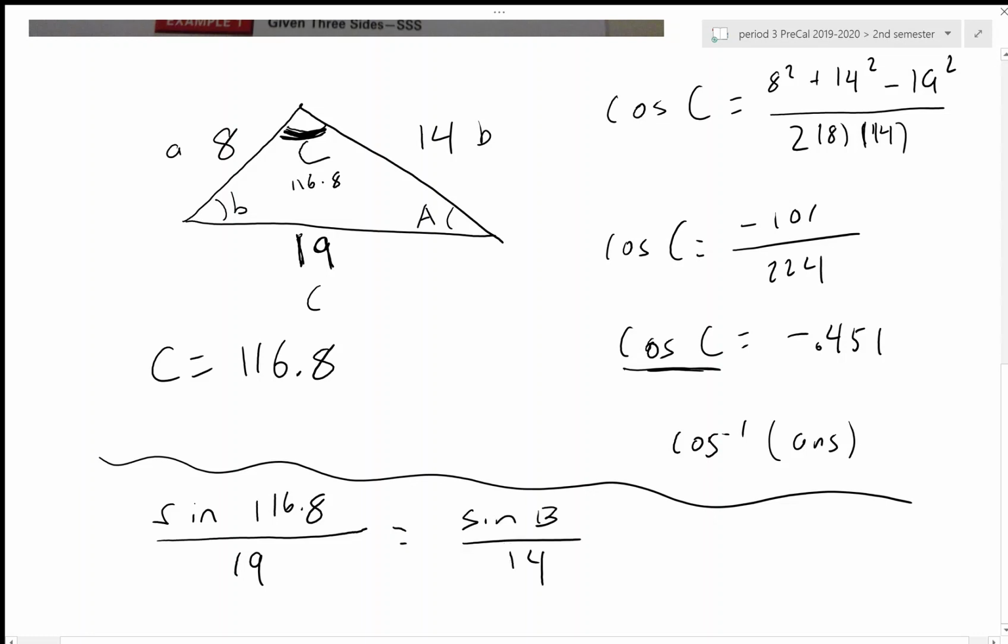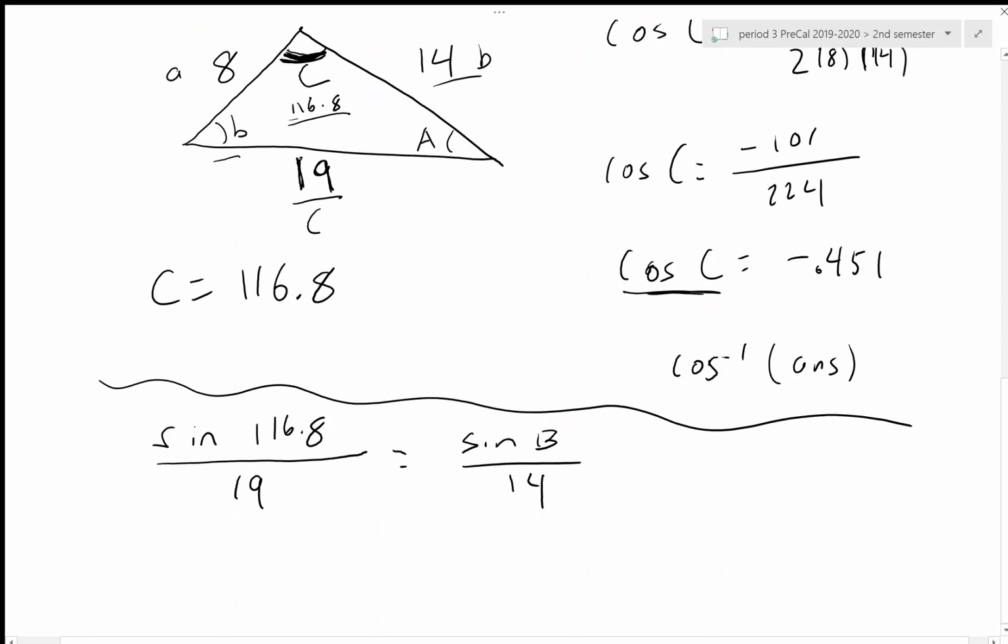Remember, you take the angle with its opposite side, and the angle with its opposite side, just like we learned the other day. Sine of B would equal 14 sine 116.8 divided by 19. Let's put that in the calculator: 14 sine of 116.8 divided by 19.